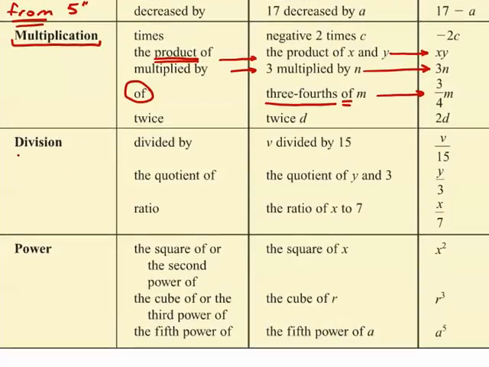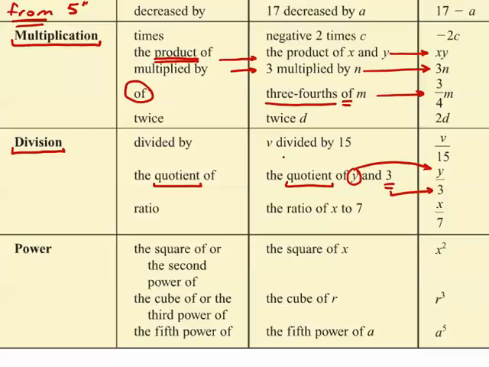And probably the key word for division that people may be unfamiliar with is the word quotient. Quotient does mean to divide. Now with quotient, it's the order in which you read them that determines what goes on top, or left if you write it from left to right. So we have the word quotient. We read the word x first, so it goes on top. 3 comes second, and it goes on the bottom.